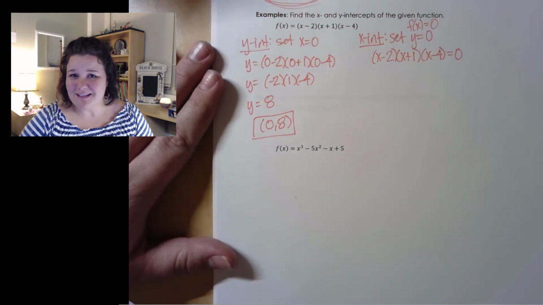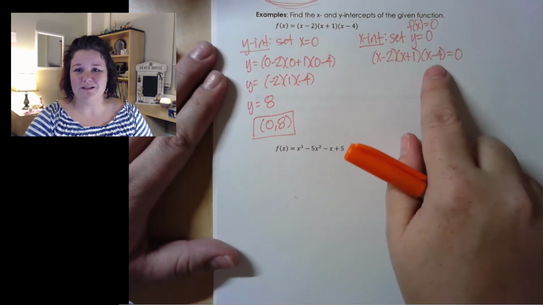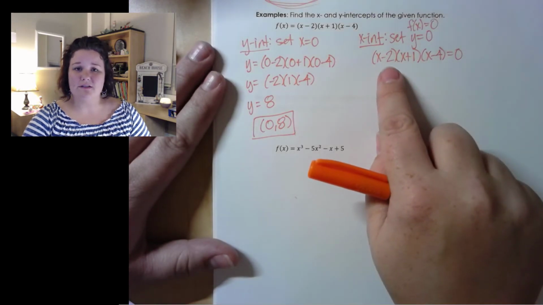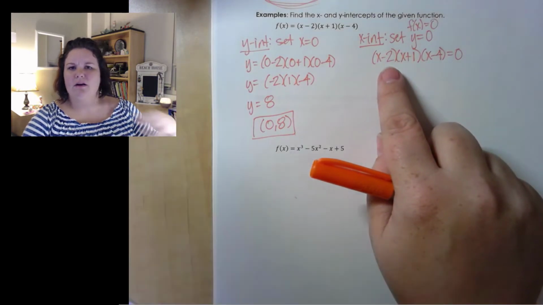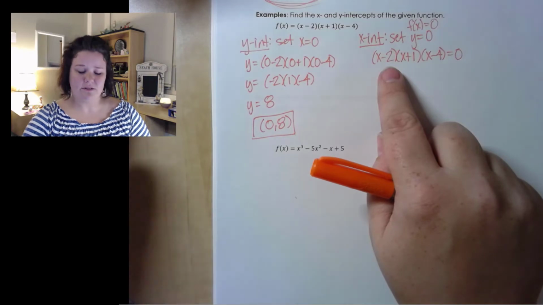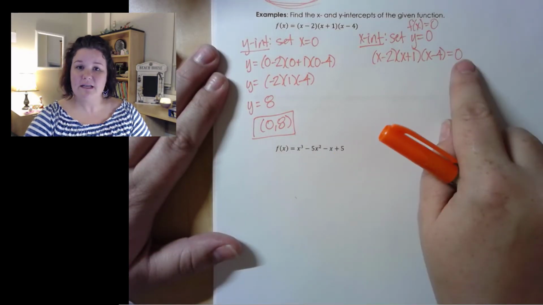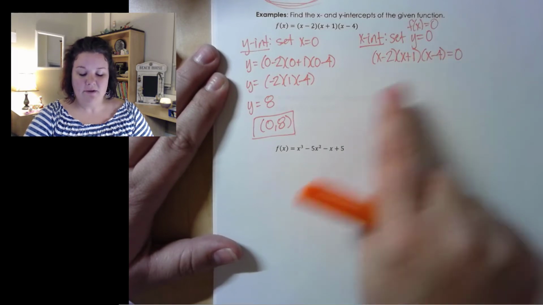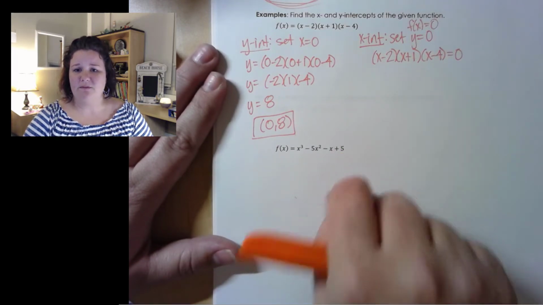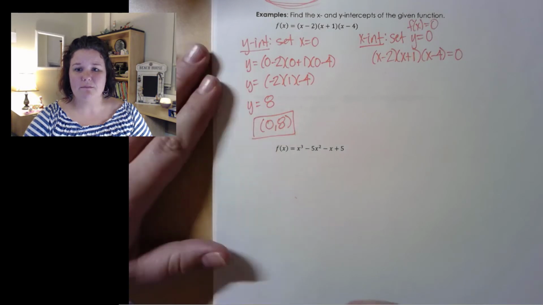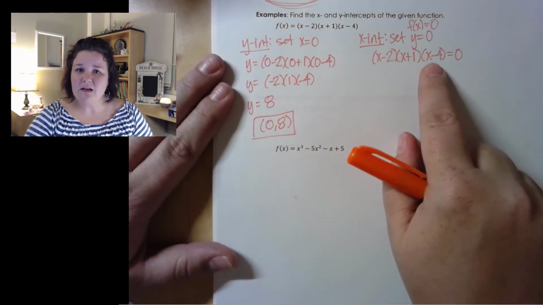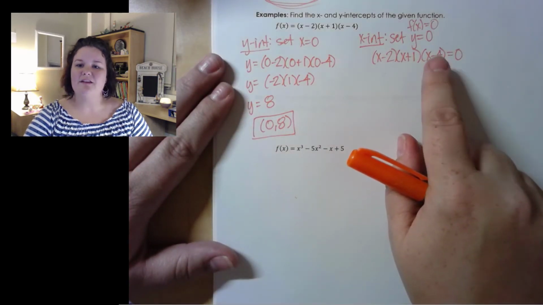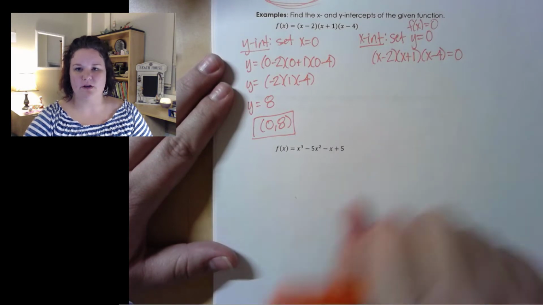The good thing about this example is it's already all factored for us. Remember when we were factoring to solve, we had to do some product or grouping or whatever factoring method we used. Once everything was factored out and equal to 0, then we just set each of these equal to 0 and solve. I'm not going to write out all the little equations because at this point we should be able to solve them. If you get to one that's a little bit tricky, you can always set it equal to 0 to help you solve it.